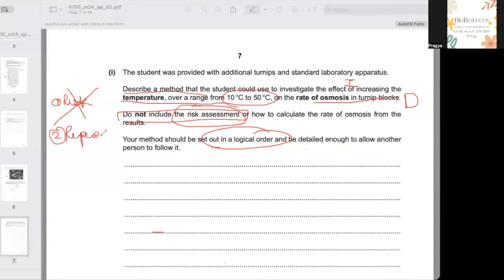Okay. So out of the 6 points here, the sixth point is already fixed for us, where we say that repeat the experiment with each temperature at least 3 times.